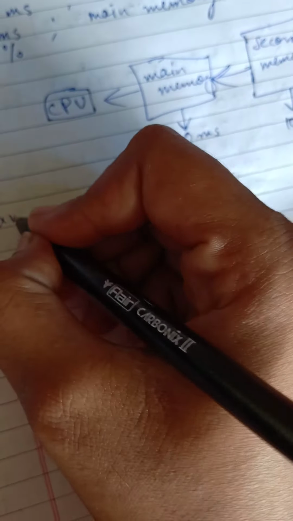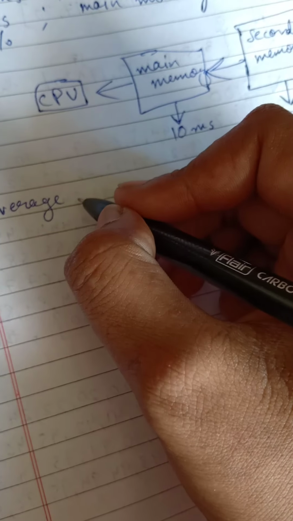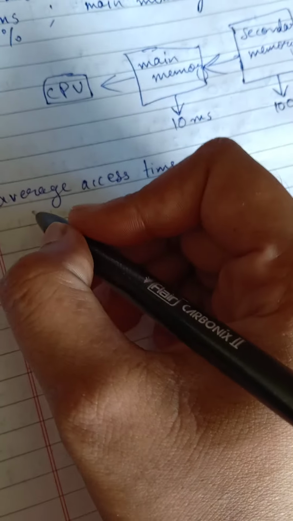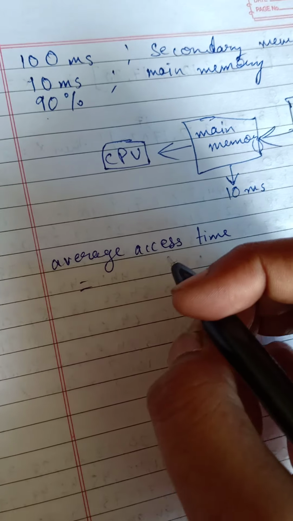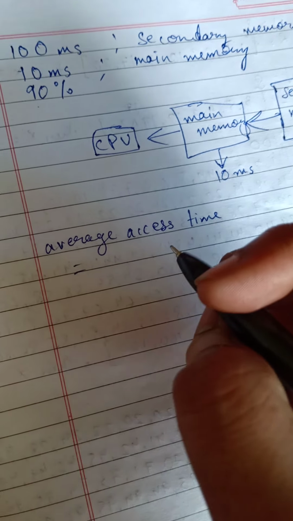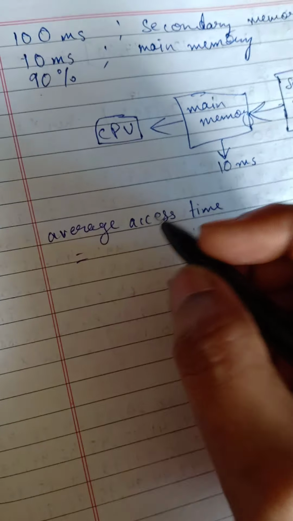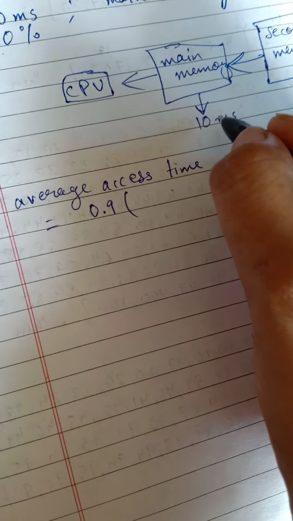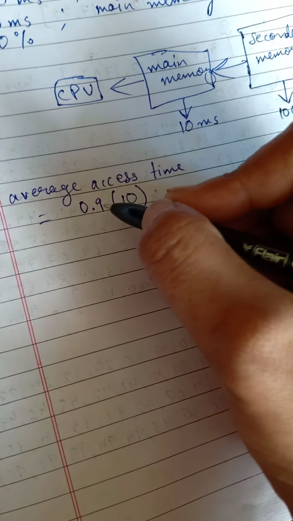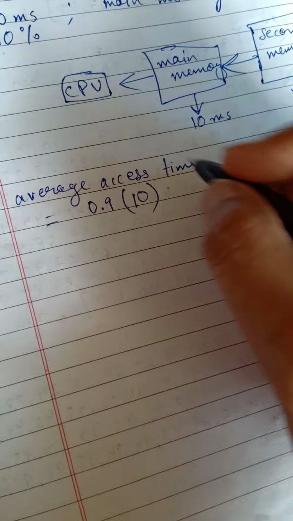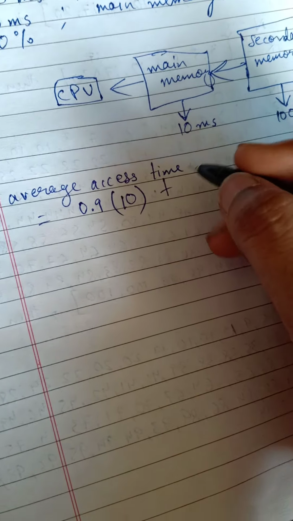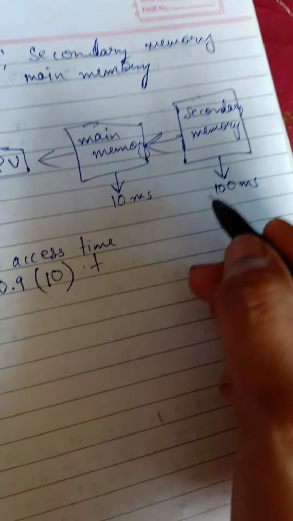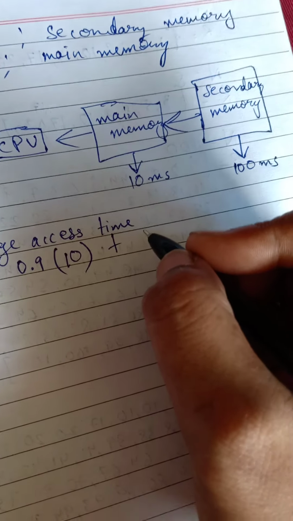So average access time is, now the hit ratio is 90%. That means that 90% of the times we can find our desired data in the main memory. So 0.9 times its access time, which is 10 milliseconds. So 0.9 times 10 plus, now 10% of the times we have to go into the secondary memory to search for the rest 10% data.